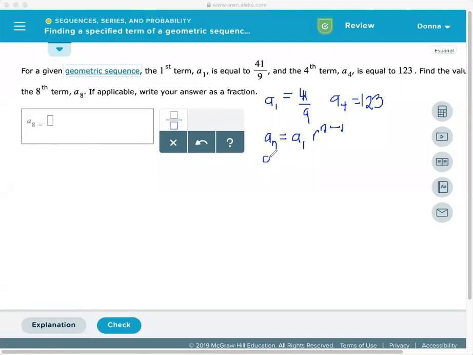I'm replacing n with 4, so a4 is going to equal the first term, 41 over 9, times r to the third power. Replacing a4 with 123, we have 123 is equal to 41 divided by 9 times r to the third power.